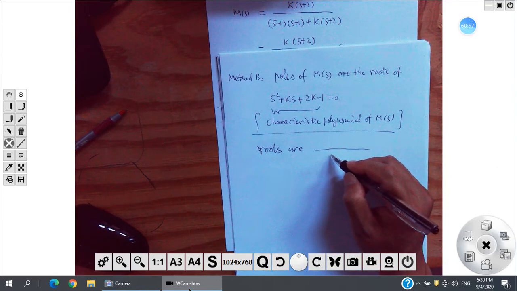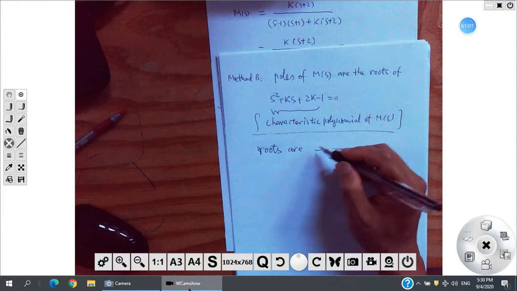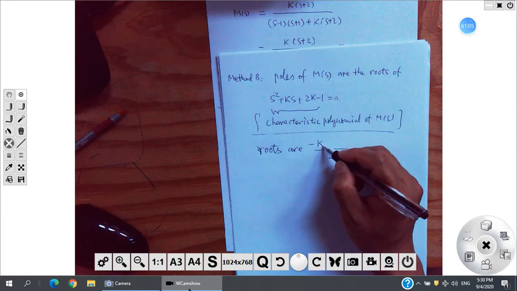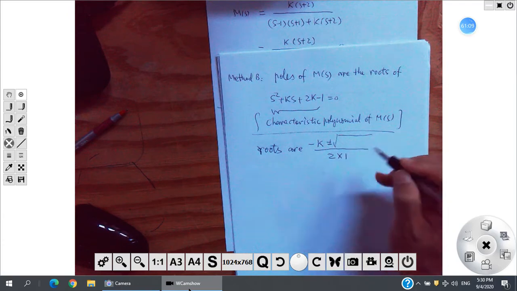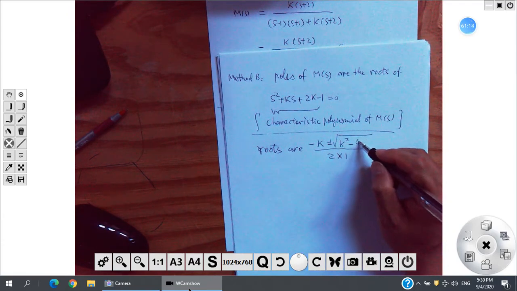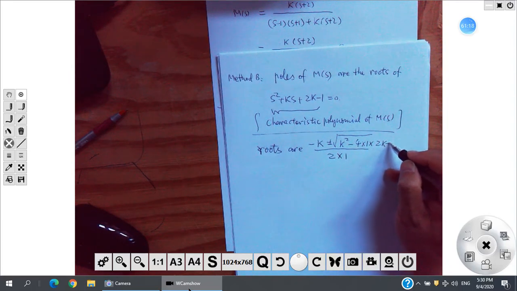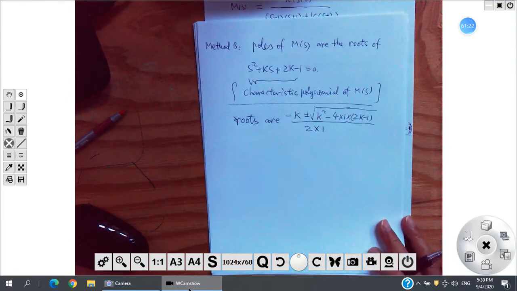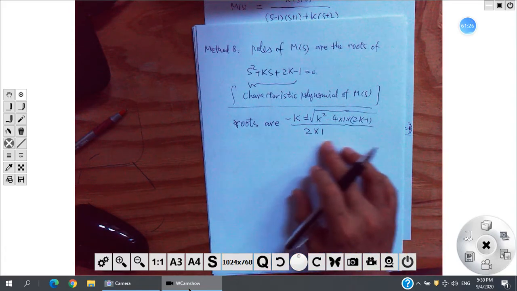the denominator will be 2 times a, and the numerator will be negative b plus or minus the square root of b squared minus 4ac. I follow the formula for second order polynomials for finding the roots.